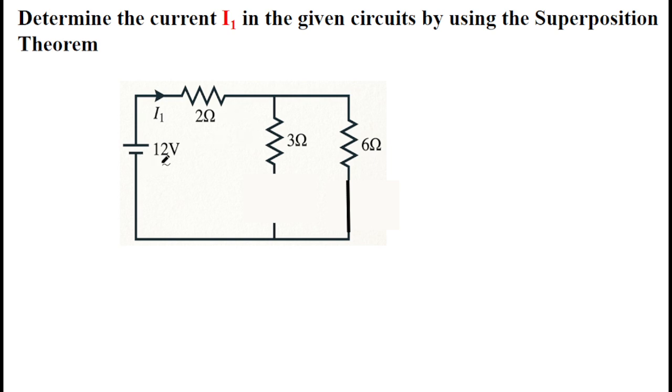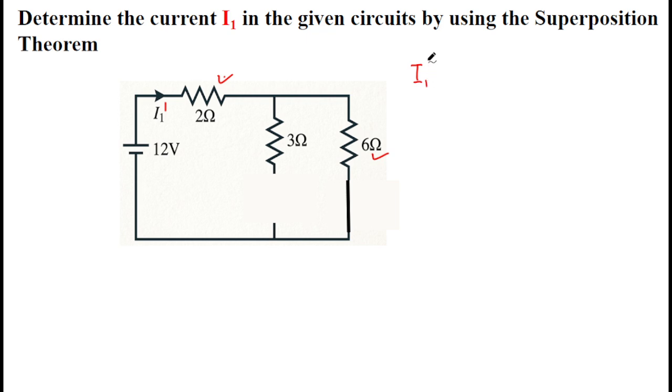In this circuit, the 12 volt source is connected to the 2 ohm and 6 ohm resistances, which are in series, and the 3 ohm resistance is not connected anywhere. It is a floating resistance, so it will not take part in the circuit. Let this current be I1 single dash due to the first source.